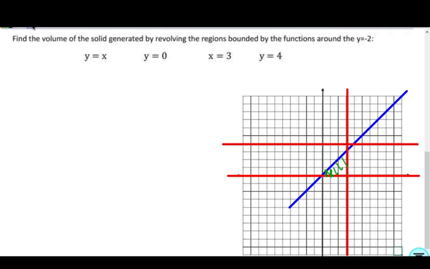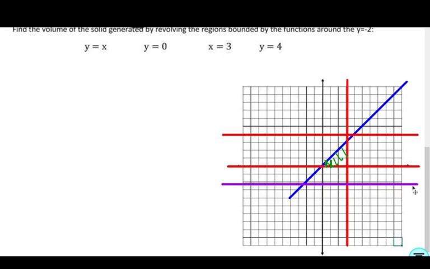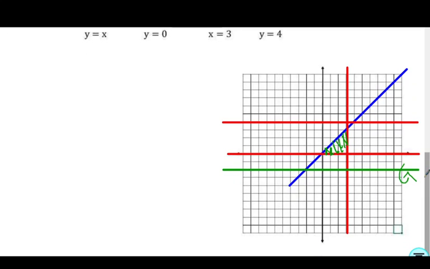So I'll draw -2 right here. This line here is where my rotation is going to be. Okay, so here's the difference. We're going to be taking this area right here, and we're revolving it around this axis. Notice it's not the x-axis anymore, it's this line.